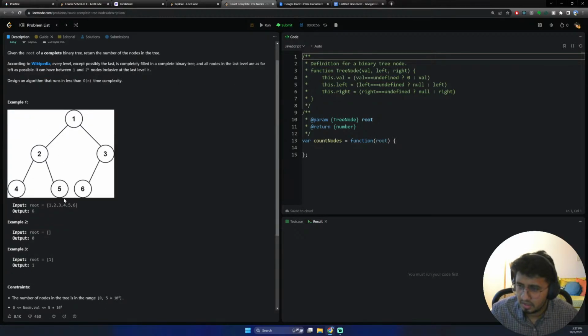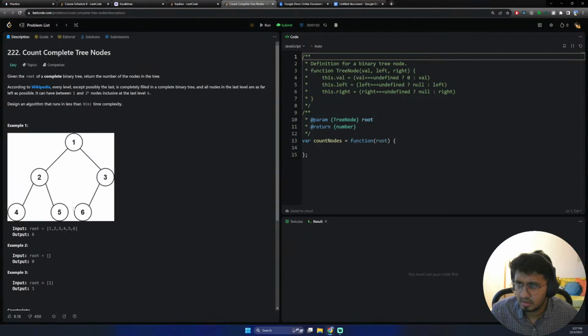Okay. So we have 1, 2, 3, 4, 5, 6. Return the number of nodes in the tree.